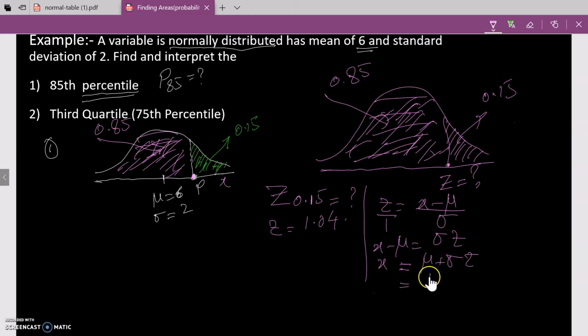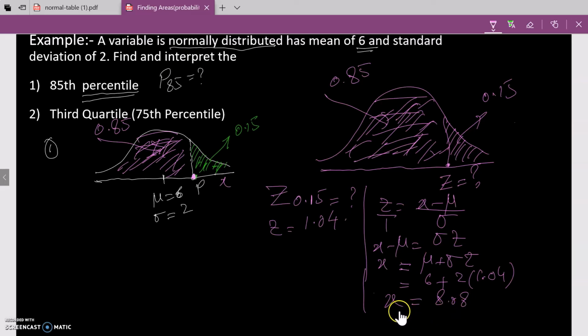Now I plug in the values. Mu is 6, sigma, the standard deviation, was 2, and z was equal to 1.04. If you do this calculation, the answer comes out to be 8.08. So this is the value of the 85th percentile, 8.08.